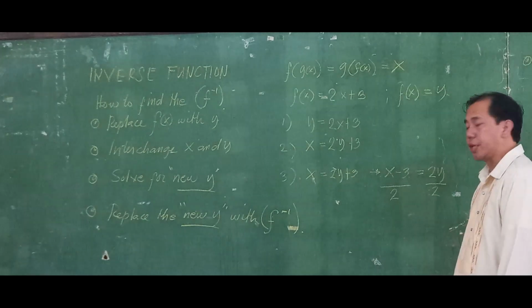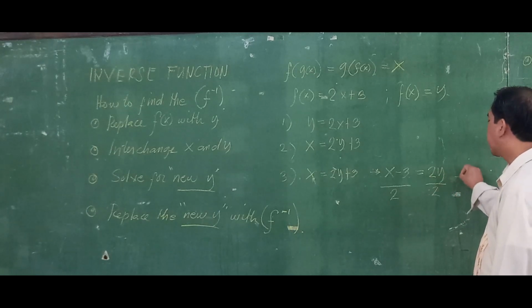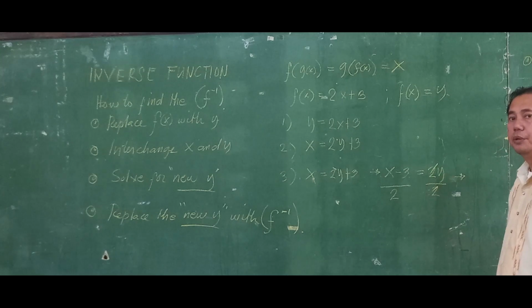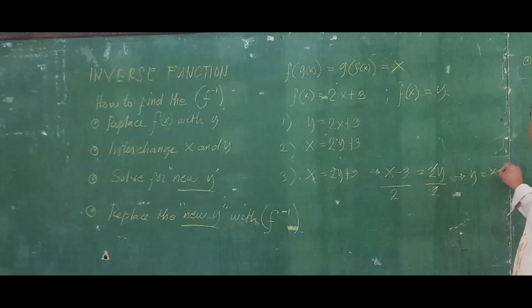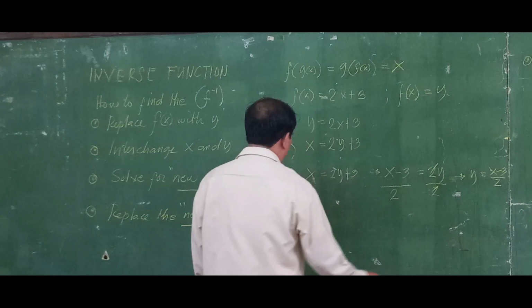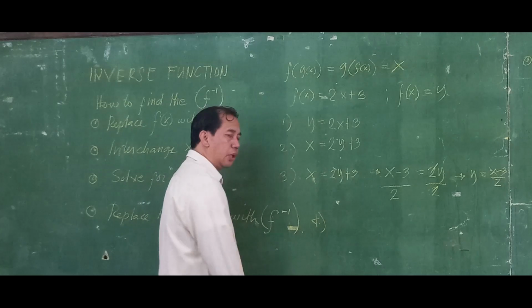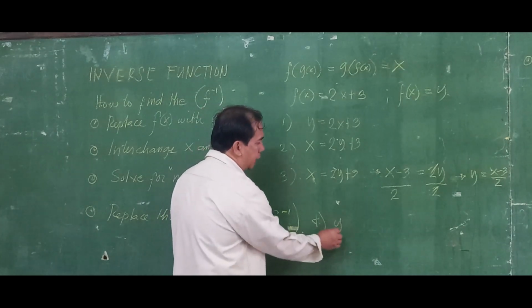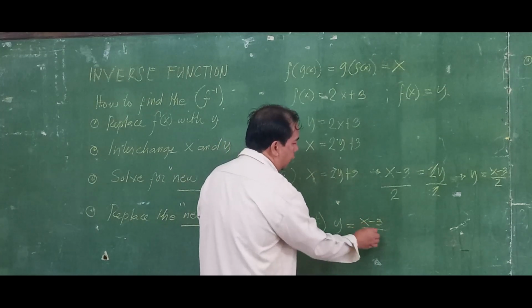Meaning to say, we have now in here, what is left? y is equal to x minus 3 over 2. So what is next? In step number 4, you notice that we have y is equal to x minus 3 over 2.